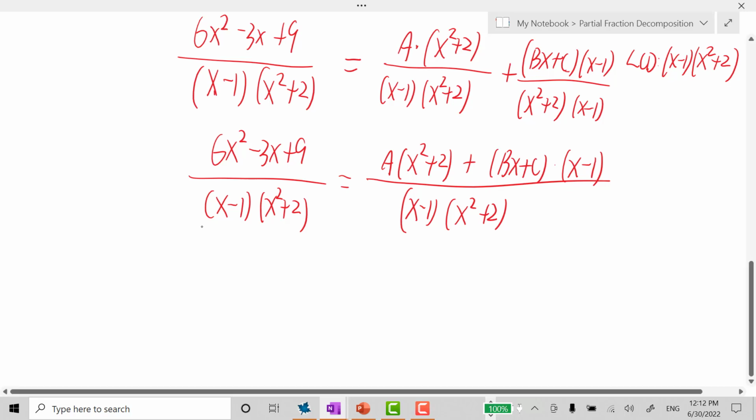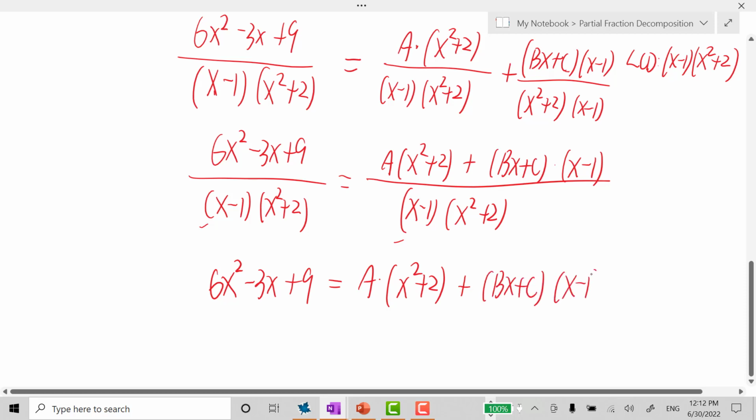So now, same denominator, so the numerator 6x squared minus 3x plus 9 must be the same as A times x squared plus 2 plus Dx plus C times x minus 1.